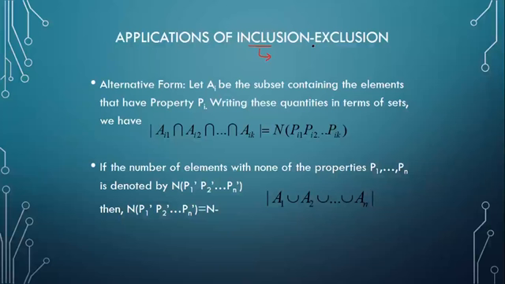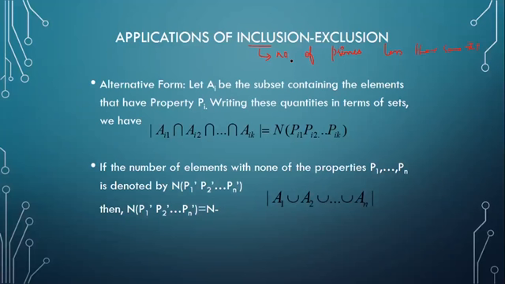For example, we can use this principle to find the number of primes less than some positive integer. This is one application and it is very important. It is also known by the name of the sieve of Eratosthenes.